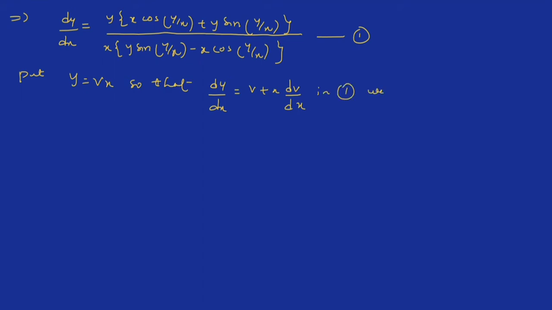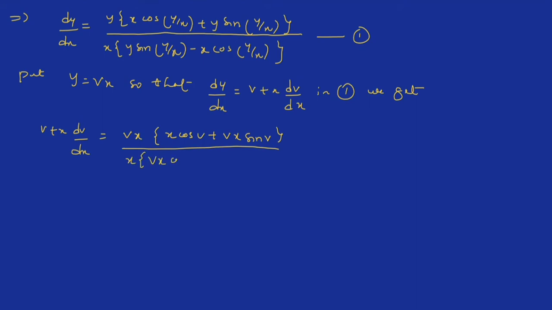In equation 1 we get, just substitute the values: v plus x dv by dx equals, the value of y is vx, inside the bracket x cos v, because v means y by x here, and y is vx, sin v, whole divided by x into vx sin v minus x cos v.